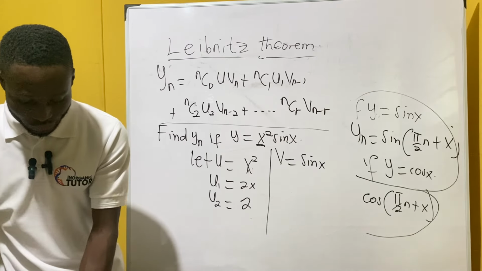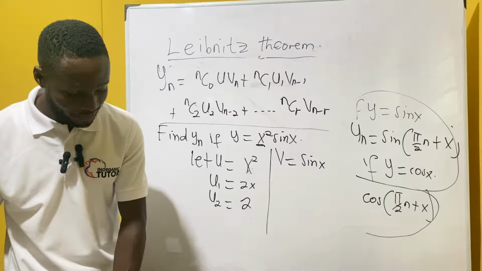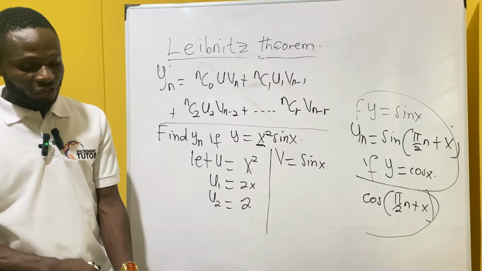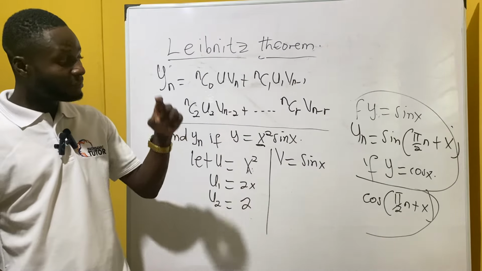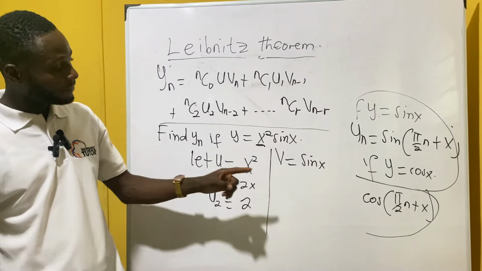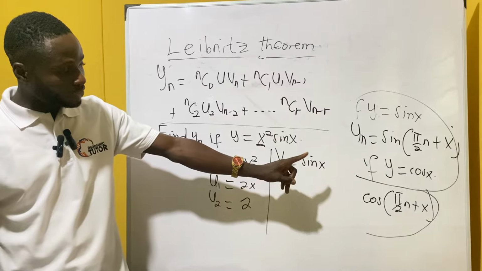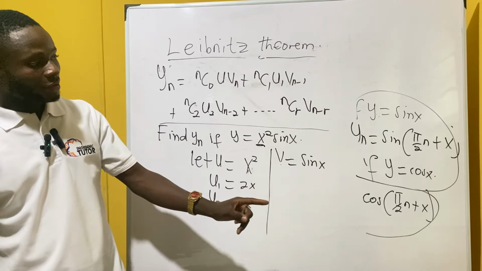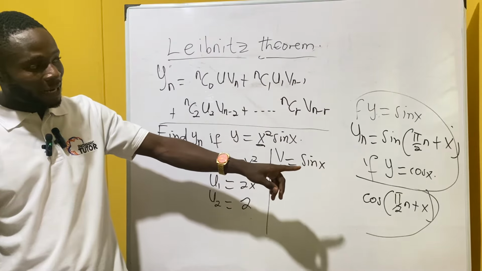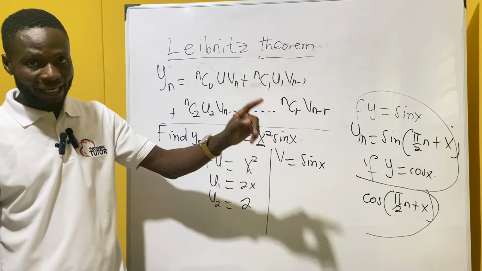So we move on, following the condition that Leibniz gave: if y is equal to sine x, then we can say that y_n is what? Sine of half of pi times n, plus x.